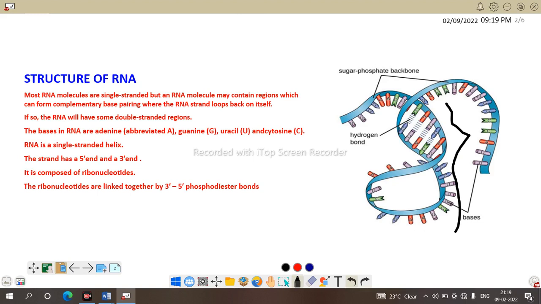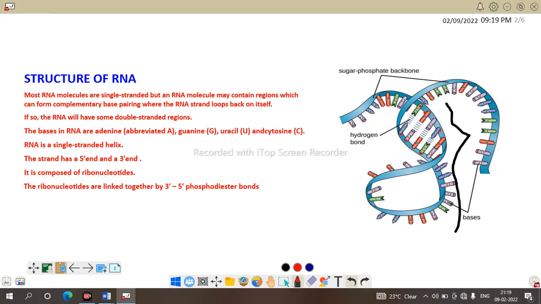So if the RNA has some double stranded region, the bases in RNA are adenine, guanine, uracil and cytosine. Here you see the pairing with G, C, U, A, U, A, again C, G, likewise.